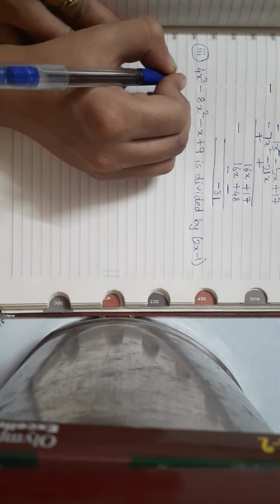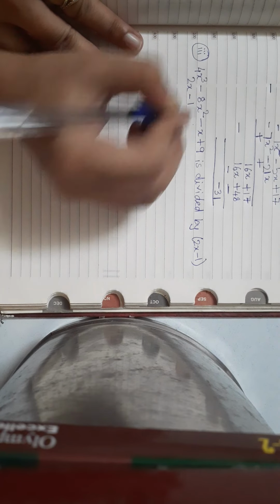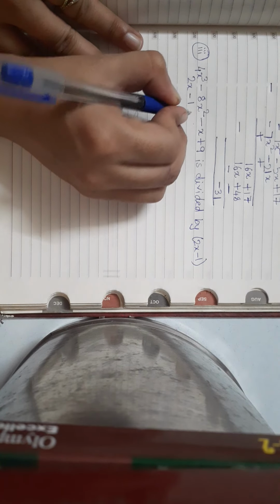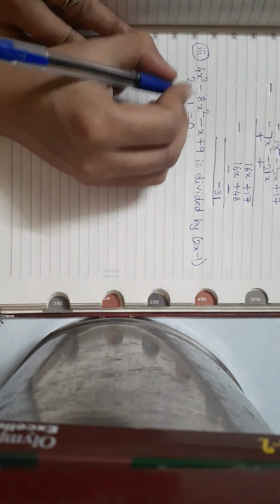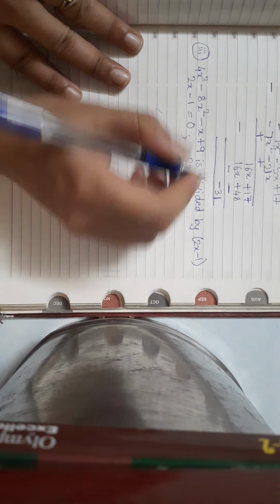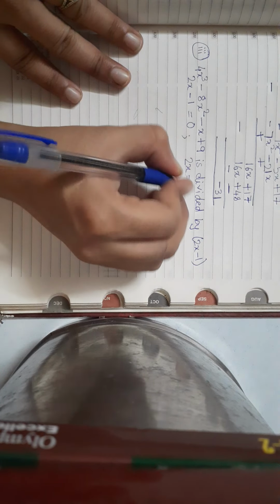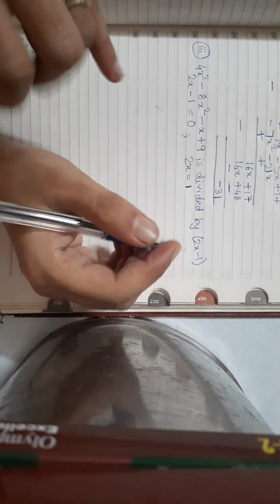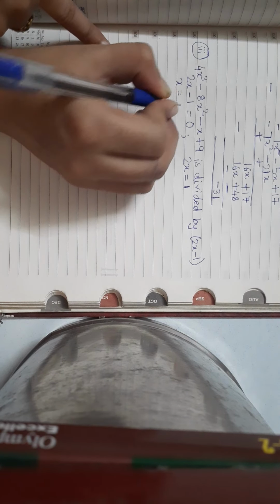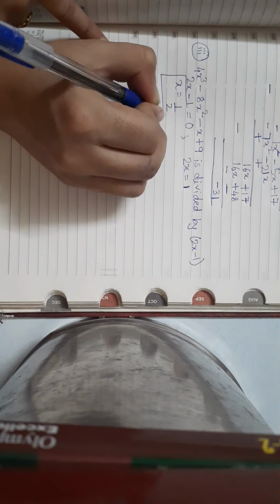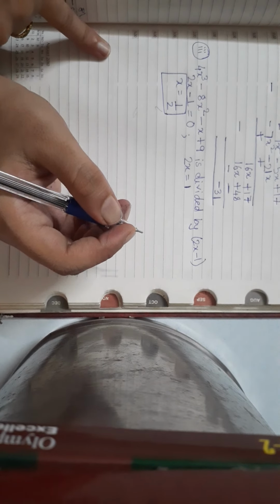Now here 2x minus 1 is our divisor, that is equivalent to 0. Now if we take 2x here and 1 here, minus 1 will become plus 1, 0 plus 1 is 1. So the value of x we got is half. So in place of x we are going to substitute half.